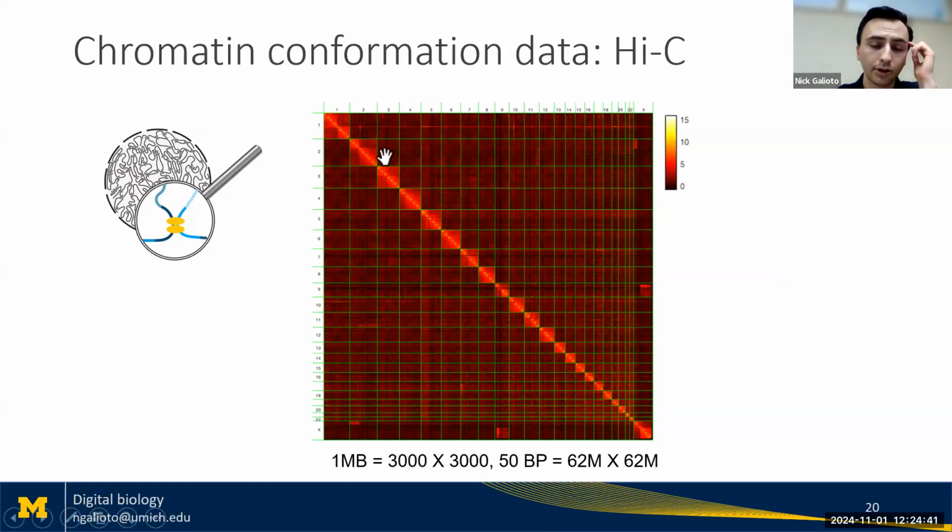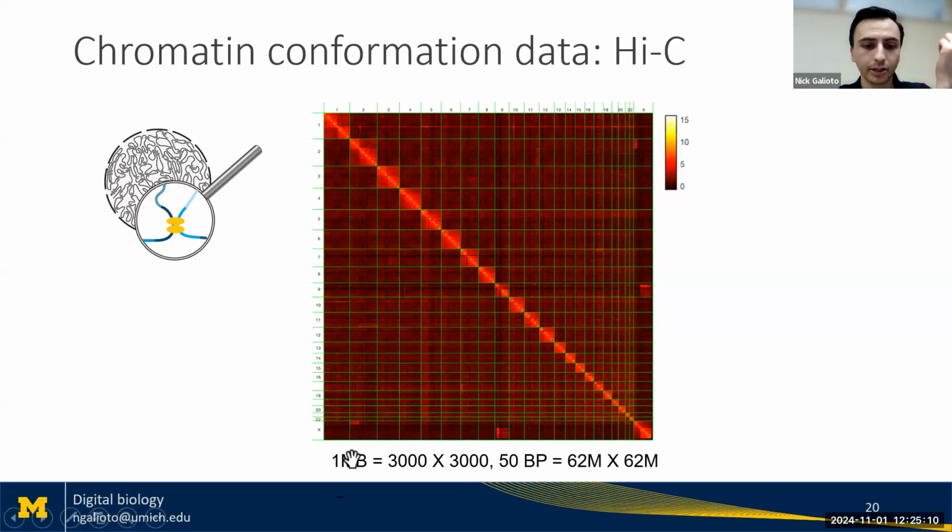So it will look at how close two different regions of the genome are to each other. Each one of these green lines here divides the matrix into different chromosomes, and it can show how much contact there is between different regions in those chromosomes. And the size of this is going to depend on the resolution.